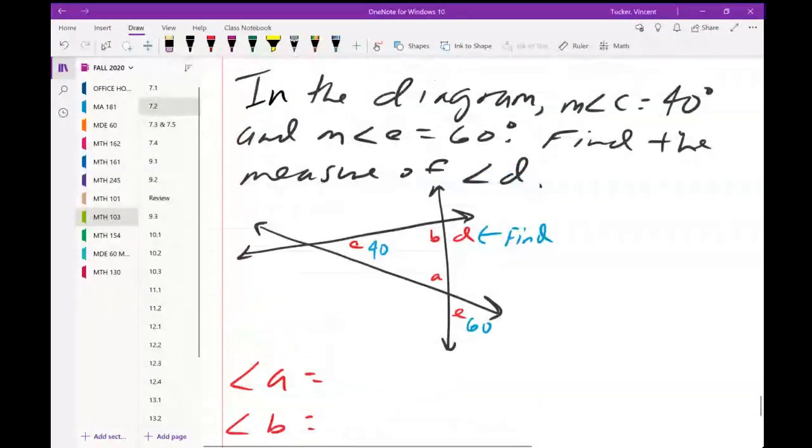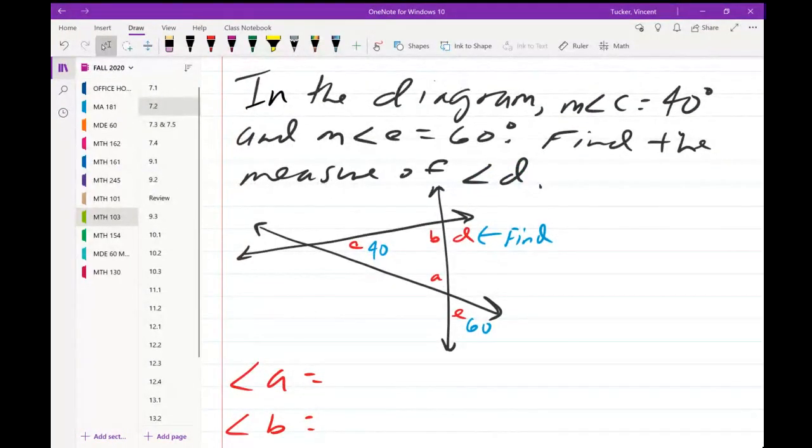All right, so this is the diagram. Angle C is given at 40 degrees. Angle E is given at 60. They want us to find the angle, the measure of angle D. All right, somebody said 80.